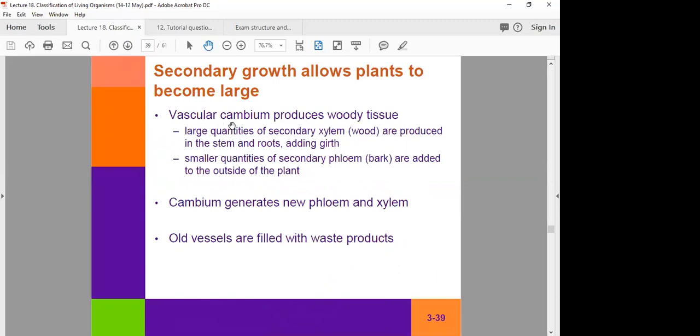The vascular cambium gives rise to secondary xylem and secondary phloem, and the secondary xylem adds girth to the stem. So vascular cambium generates new secondary phloem and new secondary xylem, the phloem towards the outside of the cambium, xylem towards the inside.